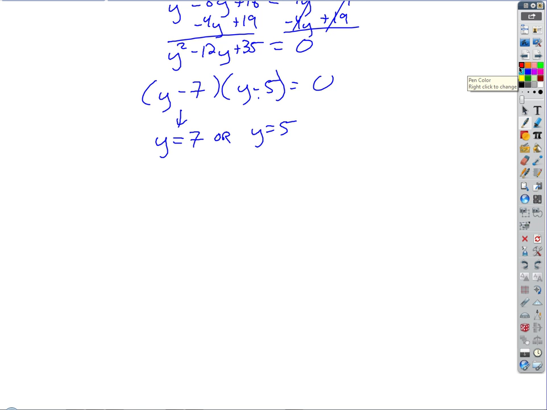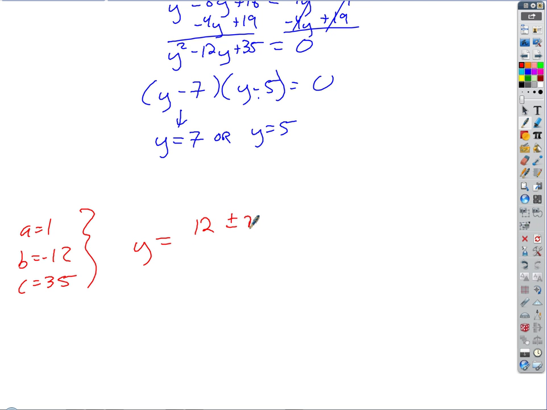I could have said a is 1, b is negative 12, c is 35. And then just use the quadratic formula. And the variable I'm solving for this time is y instead of x. So y would equal negative b, which is positive 12, plus or minus the square root of b squared.